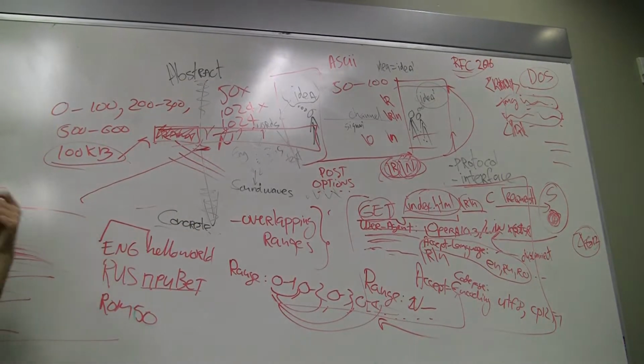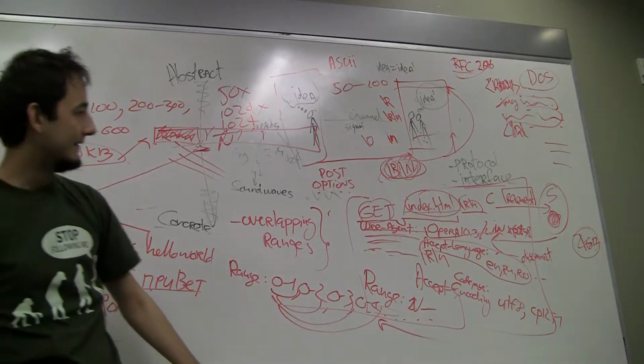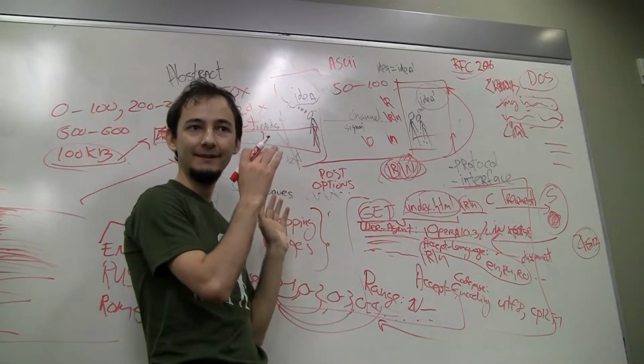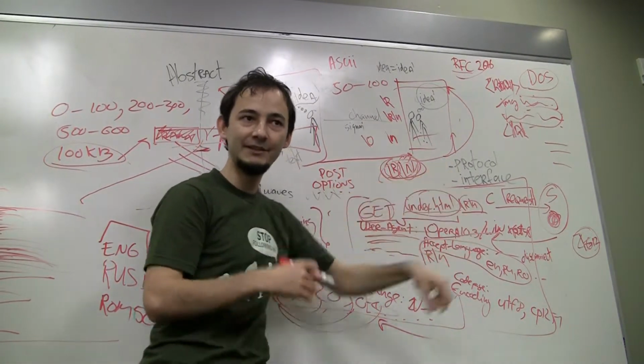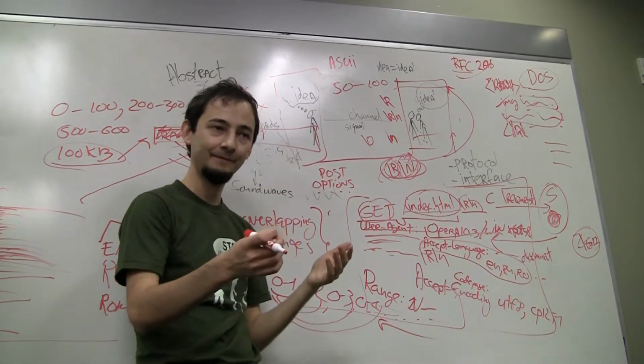So in this case, it's not about quantity, it's about quality. So what I did here is I sent them a completely normal, legal request according to the protocol. It's just that I pushed it to the limit.